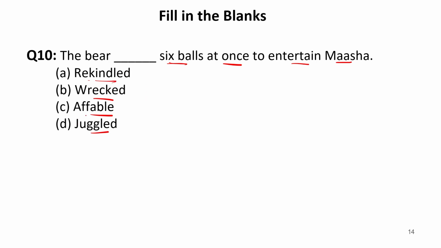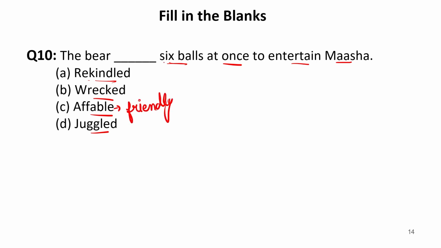Rekindled is used when something is revived, to energize something again. The ball needs no energy. Ragged means when something is damaged or broken. Then we have affable. Affable refers to something pleasant, friendly.